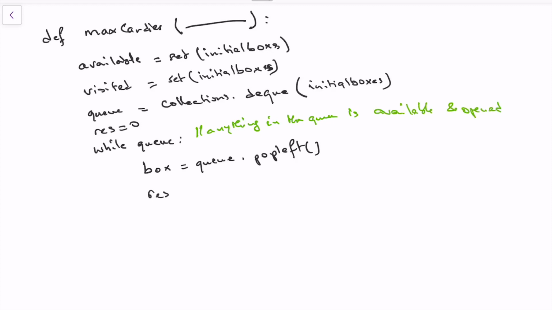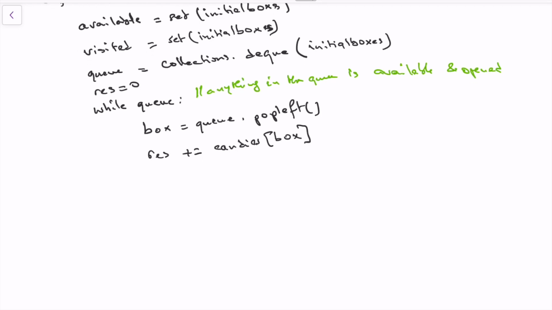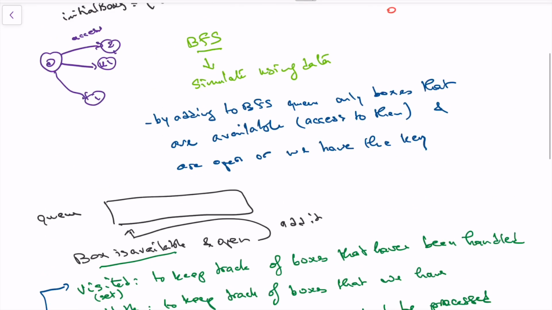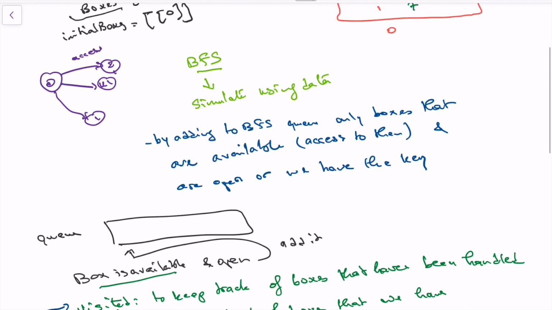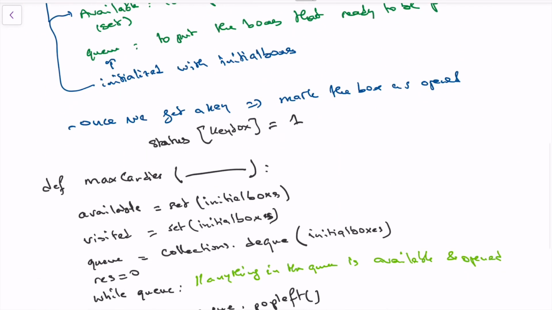And so that means I can get the candies, and so I can just add them by getting candies in position of the box, right? After that, I will go through the boxes. So I have a box, so I have access to the boxes in it, and so I will look at the contained boxes so that I can get the boxes in there and check them.